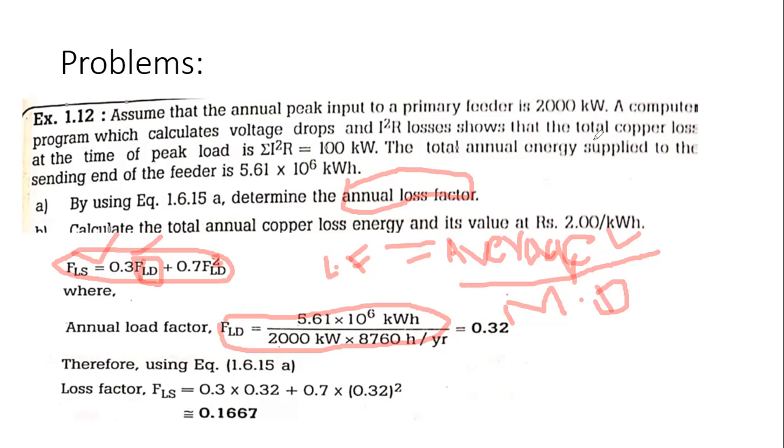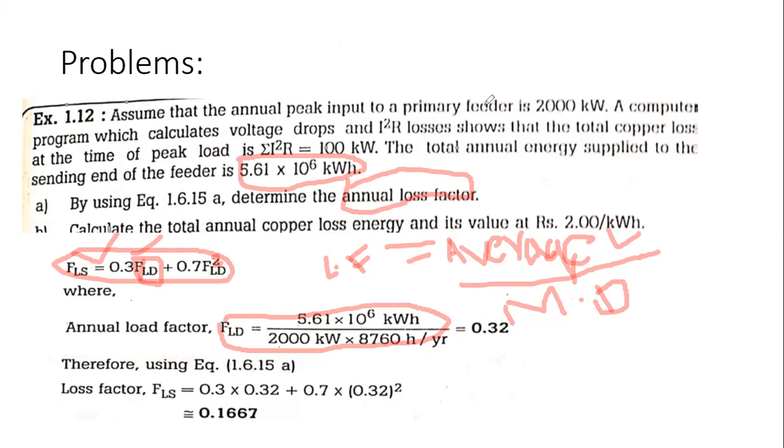Therefore the total annual energy supplied to the sending end of the feeder is the average load, which is 5.61 into 10 power 6. Now, what is the maximum demand? In that question we have the peak input to the primary feeder.